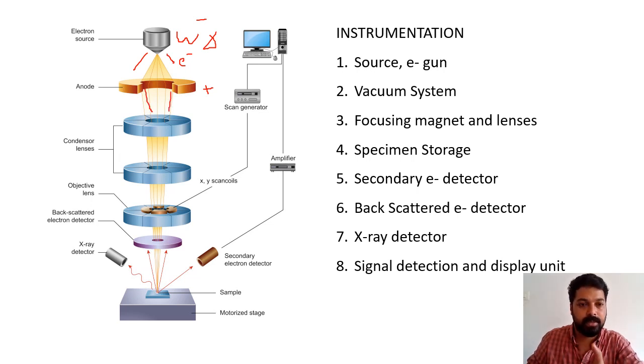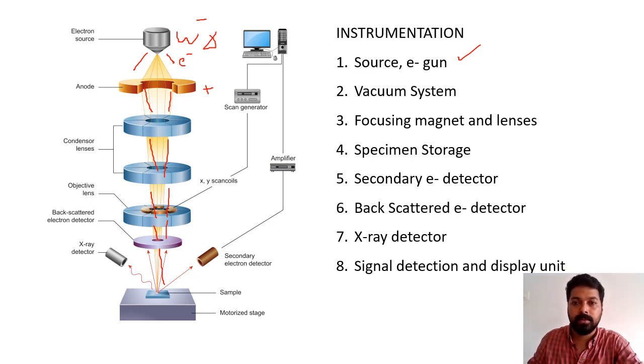They are further confined through these condenser lenses or objective lenses, through these magnets or lenses, and finally fall on a sample. So first, we have a source, an electron gun, usually made up of tungsten. When you heat tungsten at high temperature, it will release electrons.